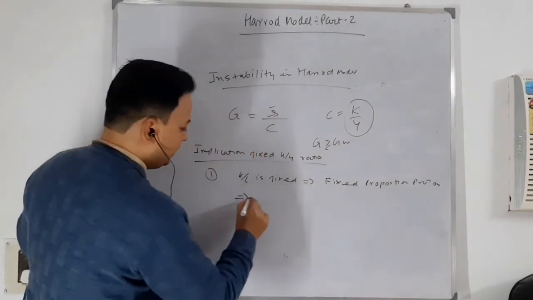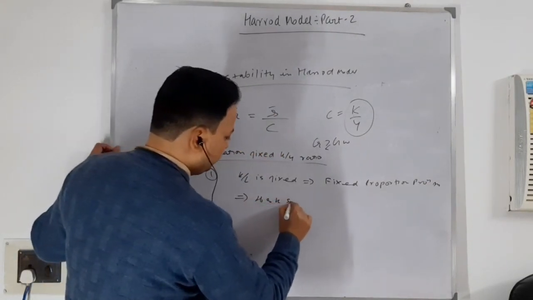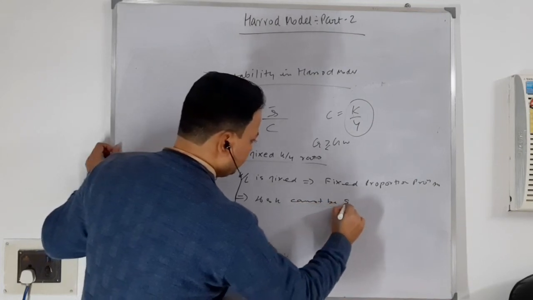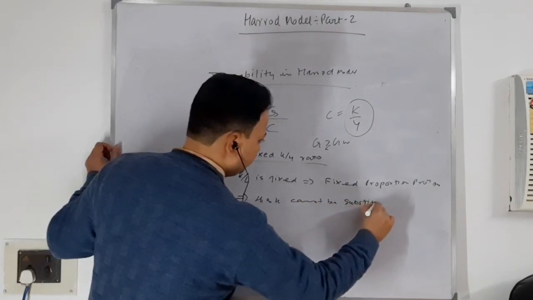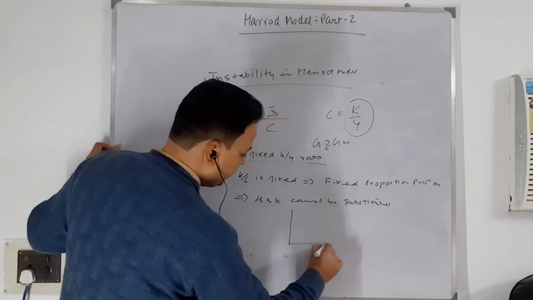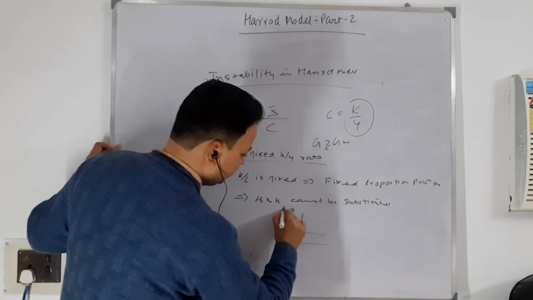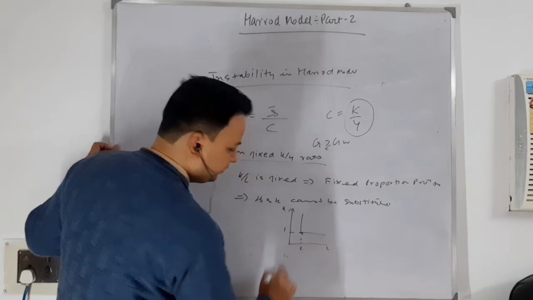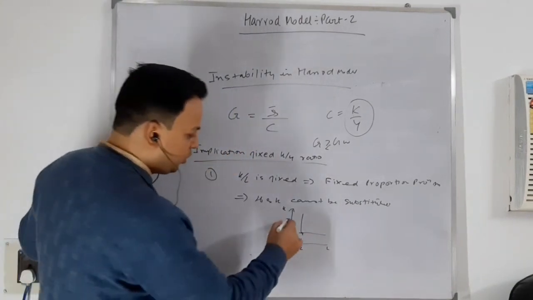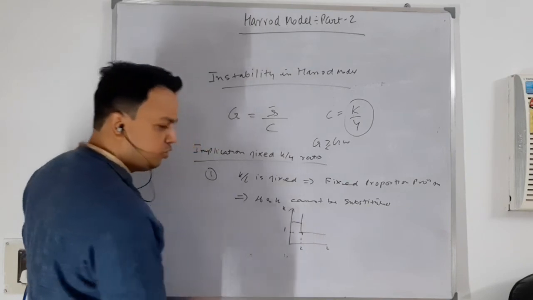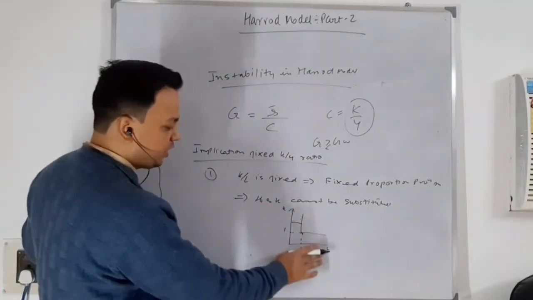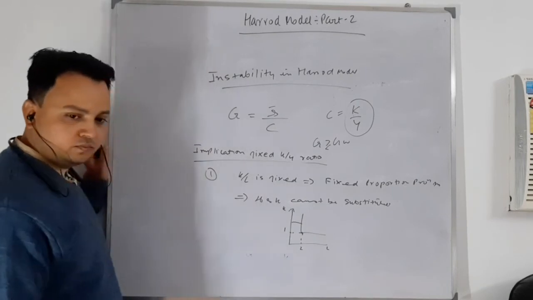That means labor and capital cannot be substituted. We are using capital and labor in fixed proportion, 2 units of labor with 1 unit of capital. If I want to use more capital with 2 units of labor, I cannot produce more output. That means I cannot substitute capital for labor and labor for capital.